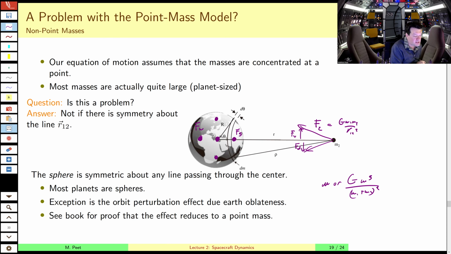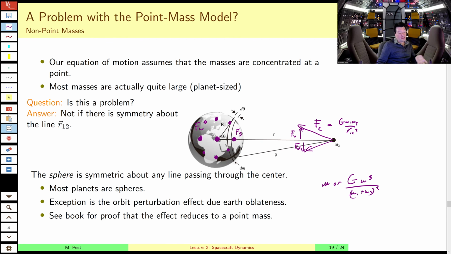And so there's lots of cancellations, and of course you have to establish this rigorously. You have to go through the proof. But I will not do that, just because I've done quite a bit of mathematics in this lecture, and I'm sure you're all tired of it. And so you'll just have to take my word for it, or consult Pressing and Conway for an actual proof that all these deviations cancel each other out and reduce in the end to as if the planet were a point mass at its center.